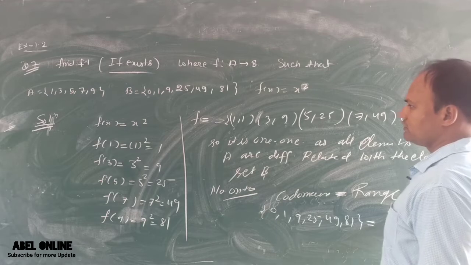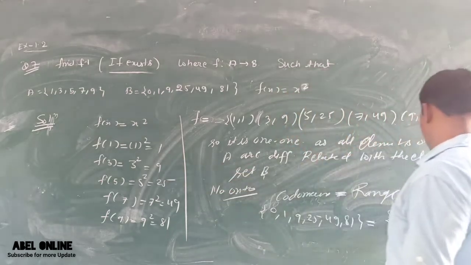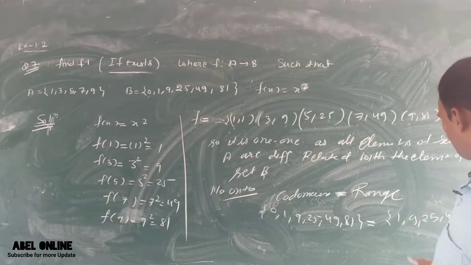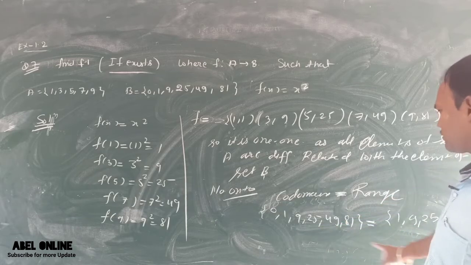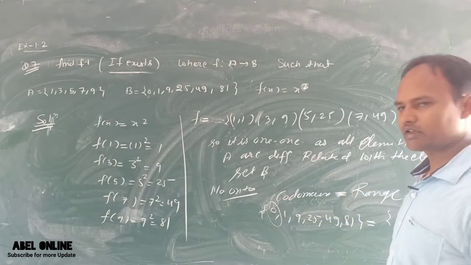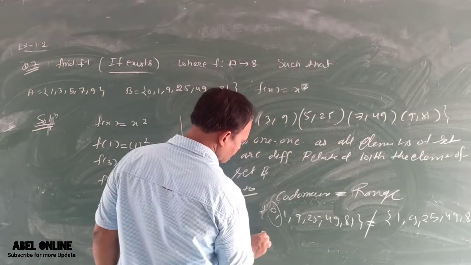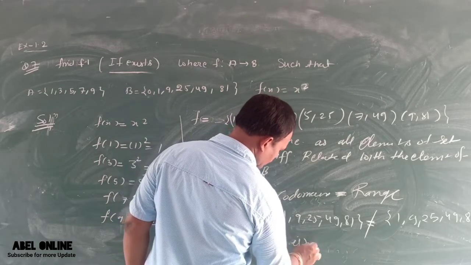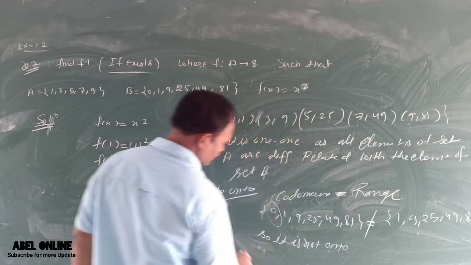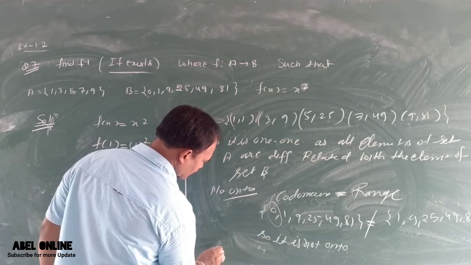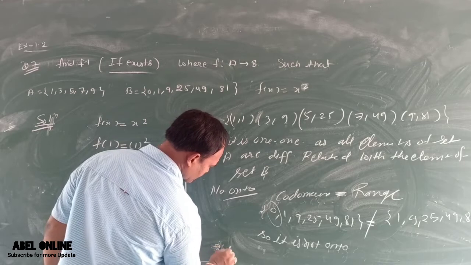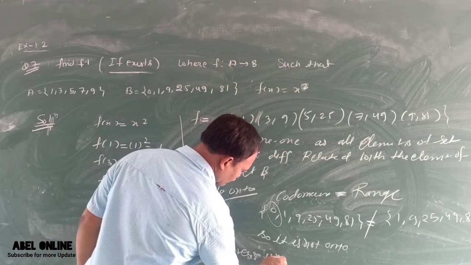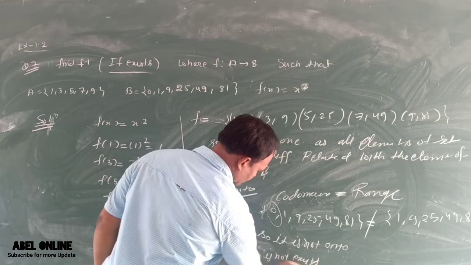The range is 1, 9, 25, 49, 81. All elements are there, but 0 is not there. So we can say that they are not equal. So it is not onto. Hence the inverse does not exist.